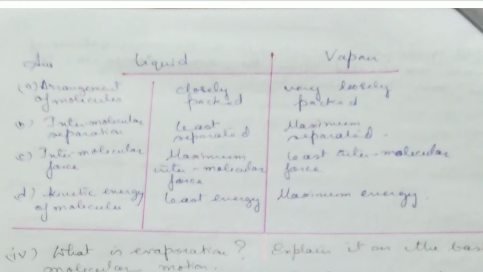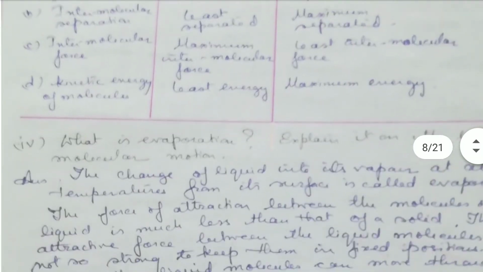Then intermolecular force: liquid molecules have maximum intermolecular force, but less than the solid. But vapors have least intermolecular force. Then in case of liquid, the molecules have least kinetic energy, whereas vapor has maximum kinetic energy.